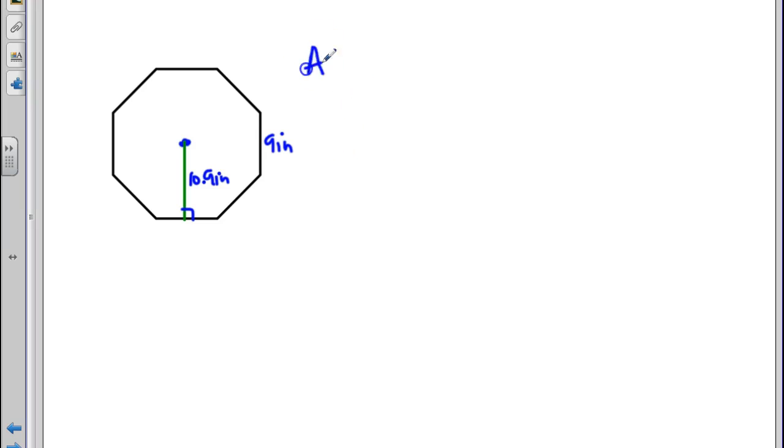Well, we know the formula is 1/2 times the apothem multiplied by the perimeter. I'm sorry, not S, my bad. Well, we know the apothem, the distance from the center to the side perpendicular to it, is 10.9.